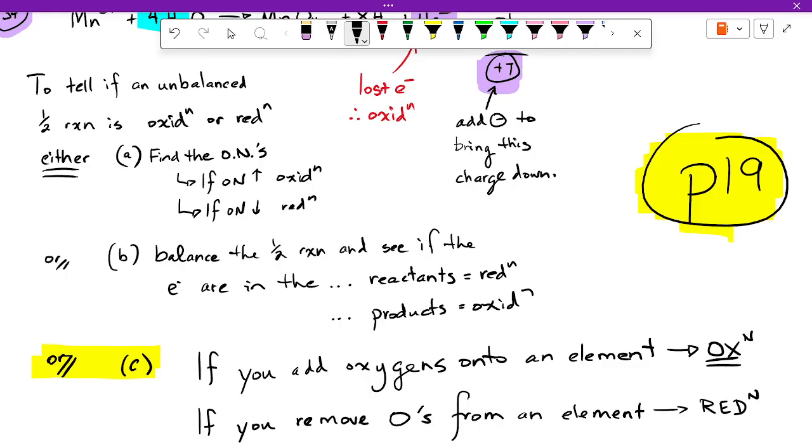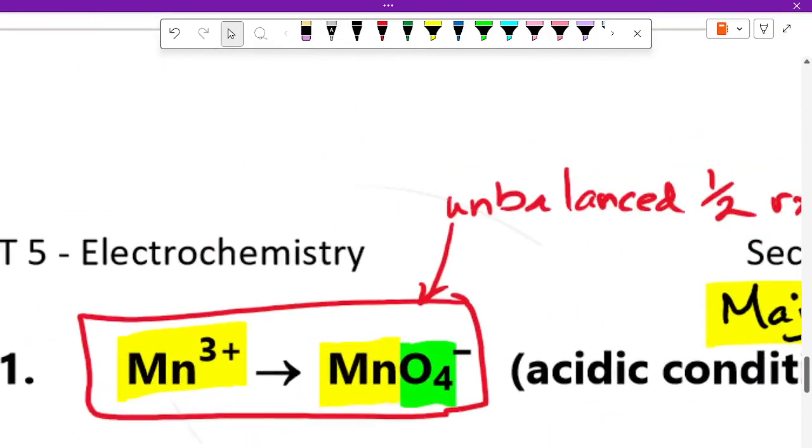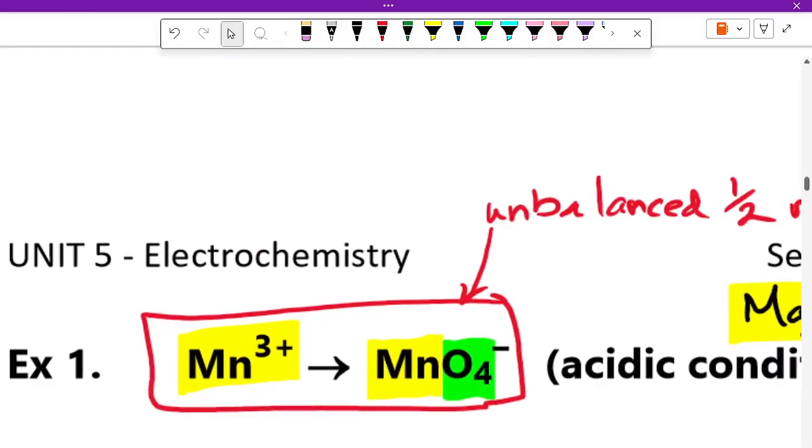Now we're going to add on to that, and this is something that I told the other class yesterday, but I didn't get around to telling you guys. If you add oxygens onto an element, what do I mean by that? Take a look at this one. We started with Mn, and then we have MnO4.